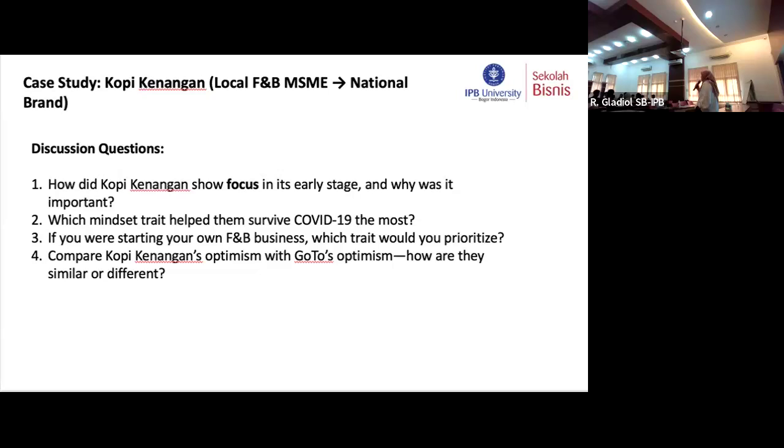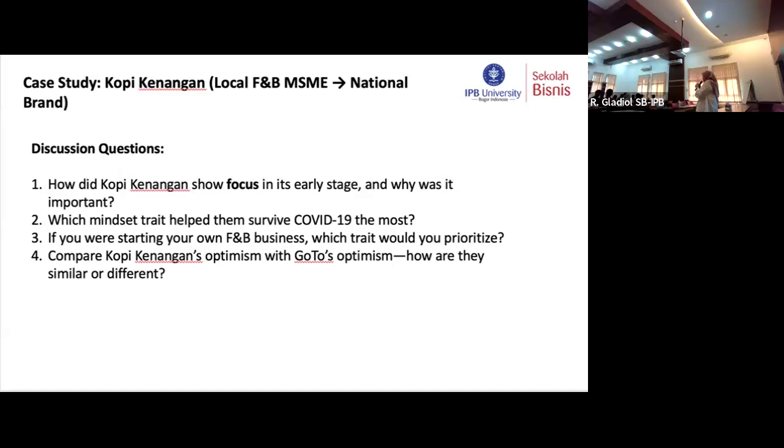Compare Kopi Kenangan's optimism with GoTo's optimism. How are they similar or different? For the similarity, both companies stay optimistic in facing challenges and focus on adaptation.